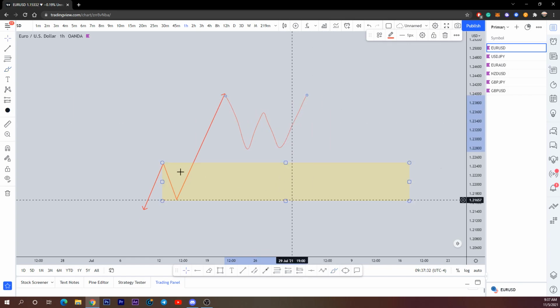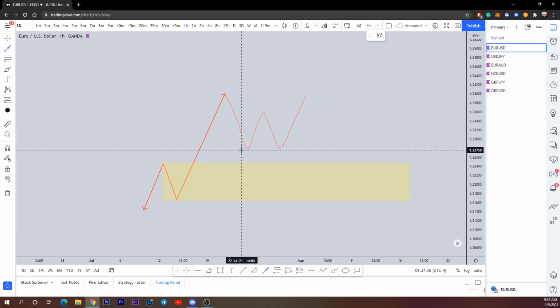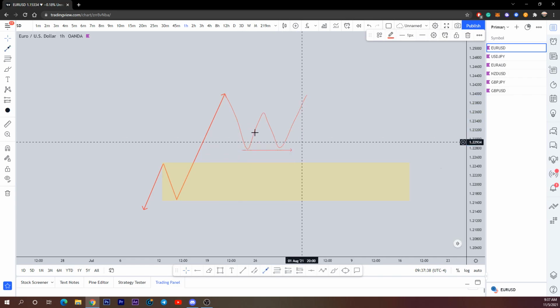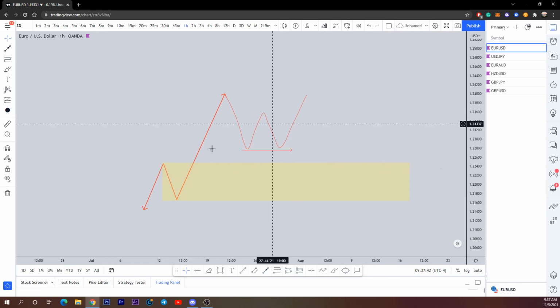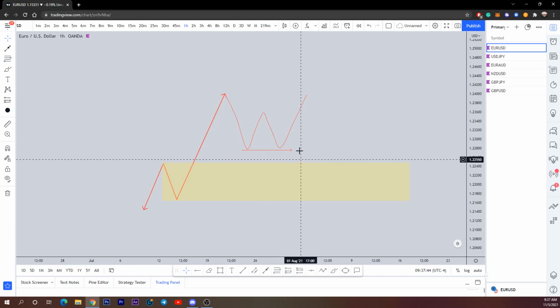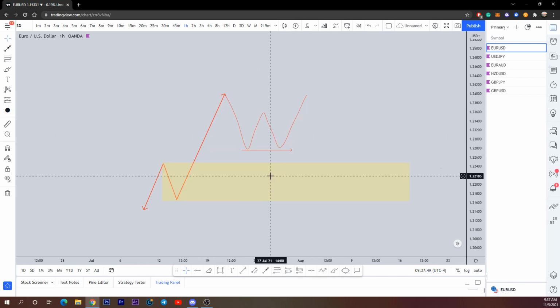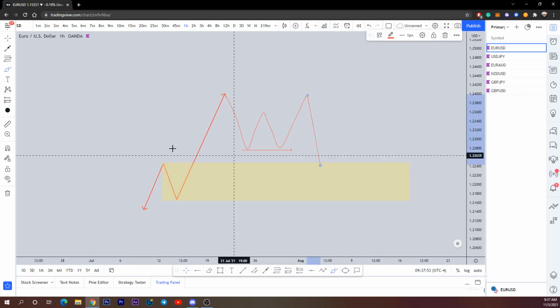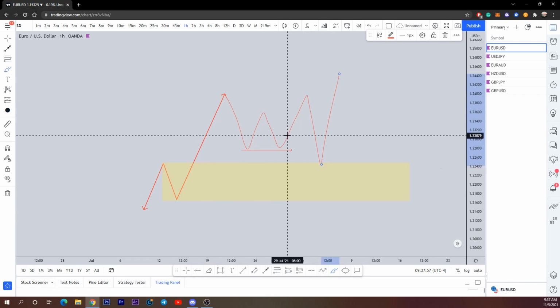So technically, we didn't tap into this demand zone, right? This is inducement right here. What are the banks trying to do? They're telling people to buy the market right here, right? Because obviously you would think the market would come straight down. Usually the market does this when they're trying to manipulate and fill orders at the same time. So they're basically creating more liquidity. So that's basically what inducement is.